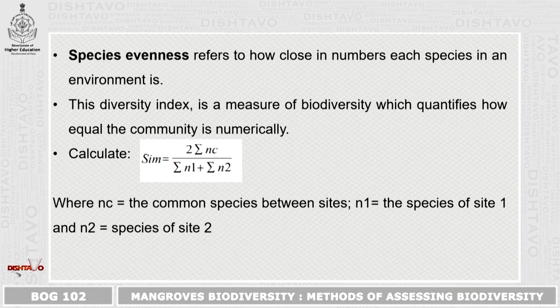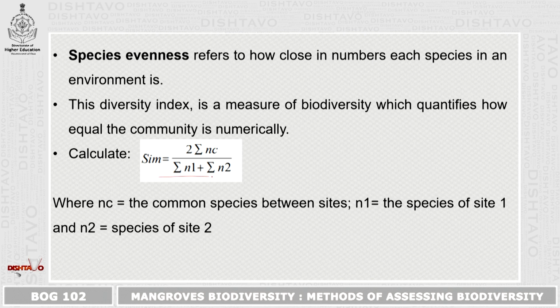And last, we'll see species evenness. This refers to how close in number each species in the environment is. This diversity index is a measure of biodiversity, which quantifies how equal the community is numerically.